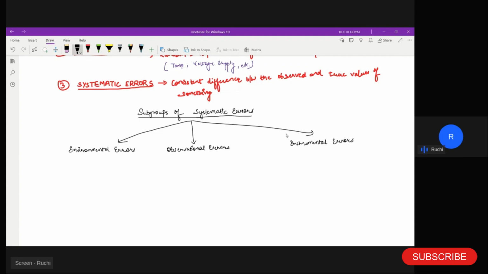As the name suggests, this type of error arises in the measurement due to the effect of external conditions.